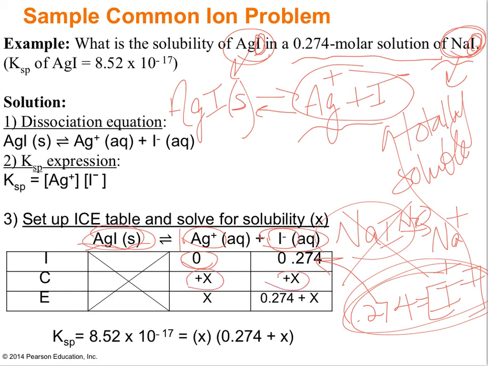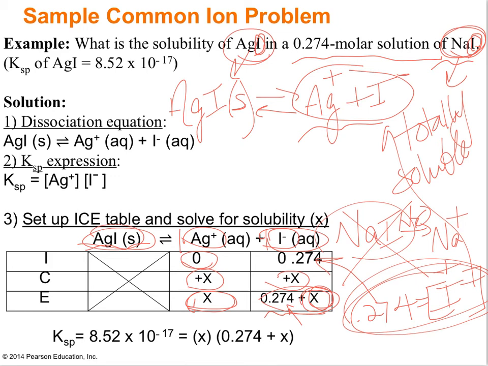There's a 1-to-1 stoichiometry. So the equilibrium concentration of silver is going to be x. For the iodide ion, the equilibrium concentration is going to be 0.274, that was the initial amount, plus any extra we get from the silver iodide.